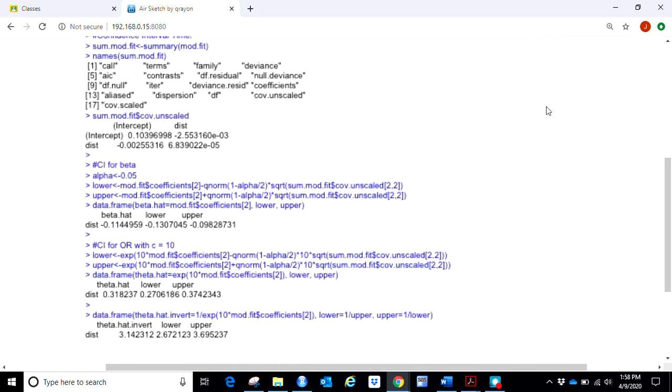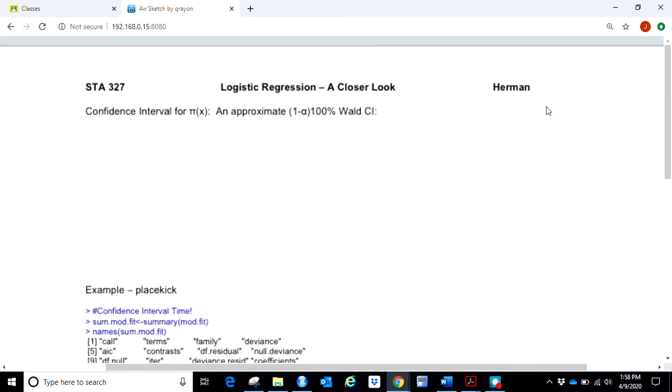The last interval I want to talk through is actually doing a confidence interval for pi of X, or that probability of success. Now, we did one before that's not actually as good, and in our next video we'll talk a lot more about why that interval is not the greatest. But here is what I know.